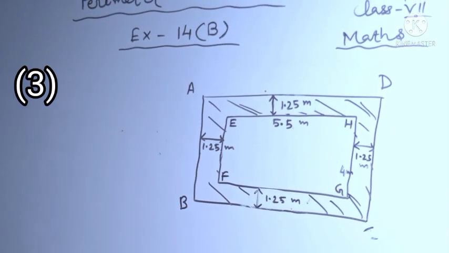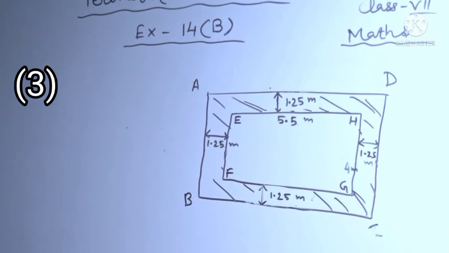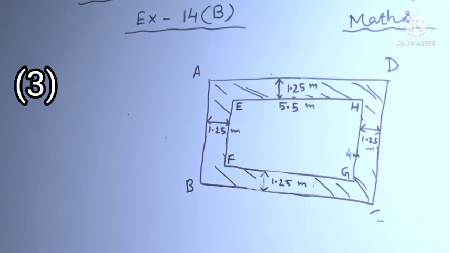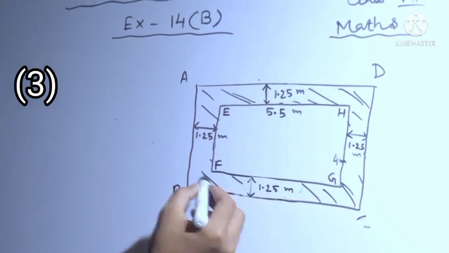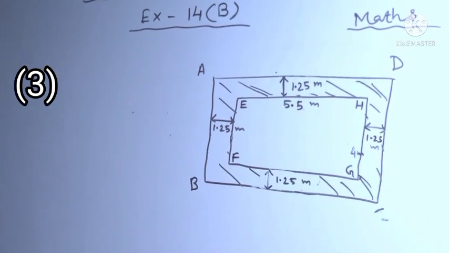And we have to find the cost of cementing the floor of this veranda at the rate of rupees 15 per square meter. That means first we have to find the area of the veranda or the area of the shaded portion, okay, because the shaded portion is the veranda.